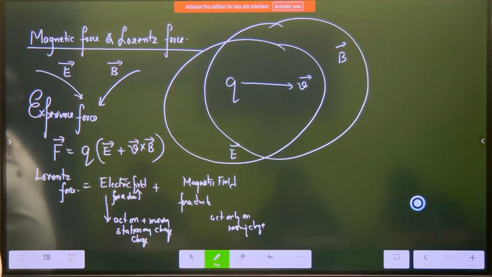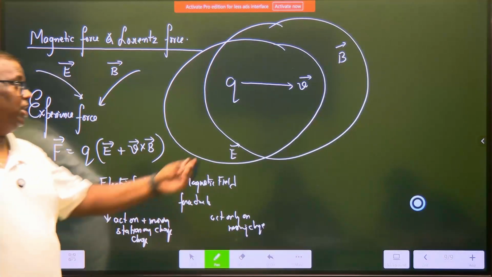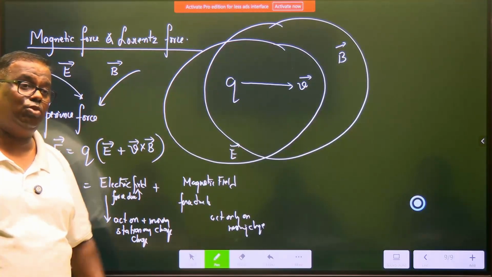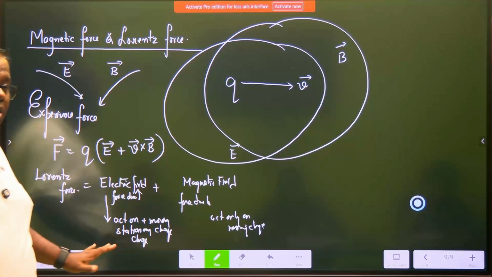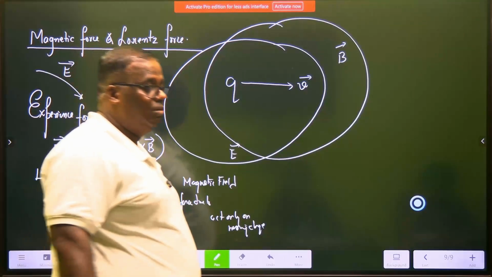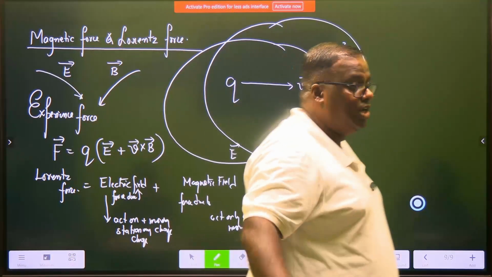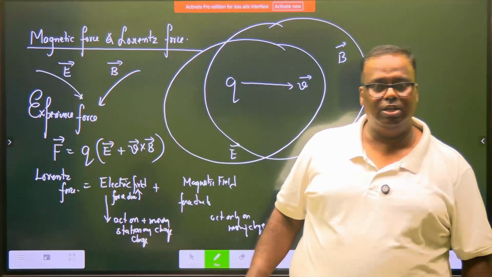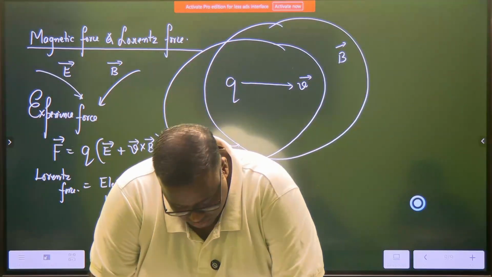So, complicating the question, a stationary charge is kept in a region where both the fields exist. Will it experience Lorentz force? Yes. The electric field only eyes you as prey if you are a charge. You move, you don't move, the electric field is like a tiger and you are like a deer. Have we noted that down?